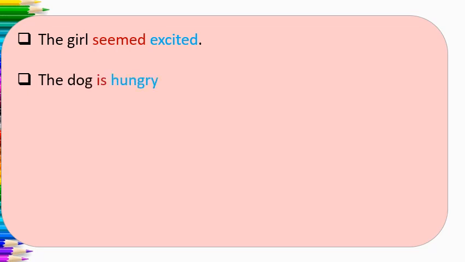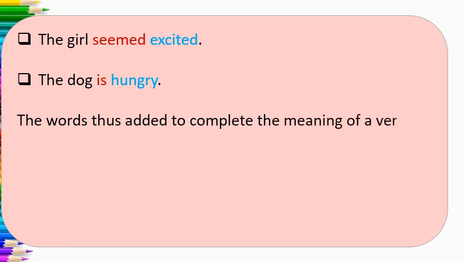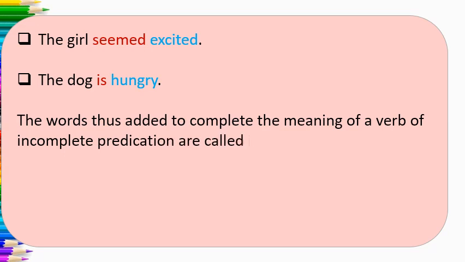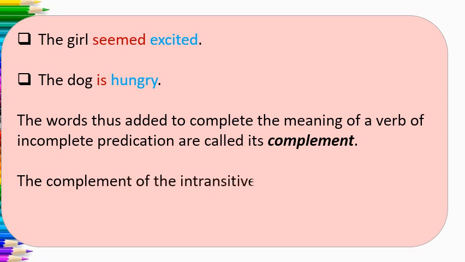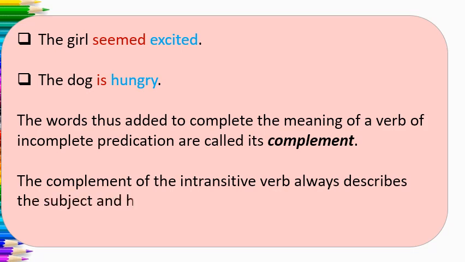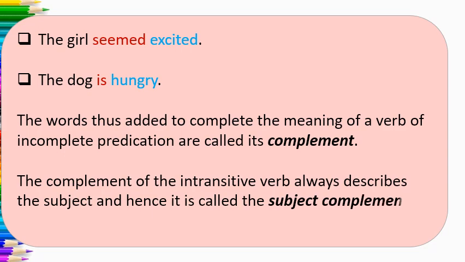Number 1, the girl seemed excited. Number 2, the dog is hungry. So the words thus added to complete the meaning of a verb of incomplete predication are called its complement. And the complement of the intransitive verb always describes the subject, and hence it is called the subject complement.